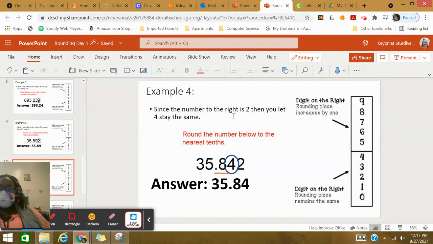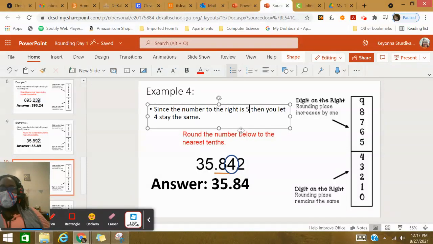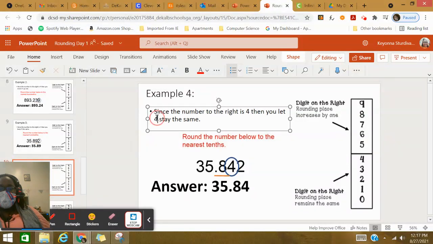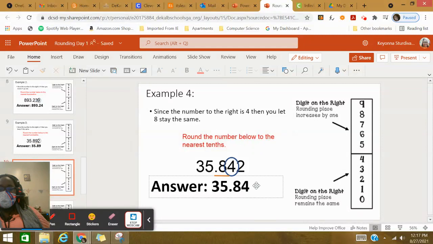I'm looking at 4. Since the number to the right is 4, then 8 will stay the same. So again, I had a typo here. Make sure you fix that. So in this case, because it's asking me to the nearest 10th, my answer is going to be 35.8. Okay. So again, since my number was 4 here, which is over here at the bottom of this number line, my final answer is going to be 35.8.